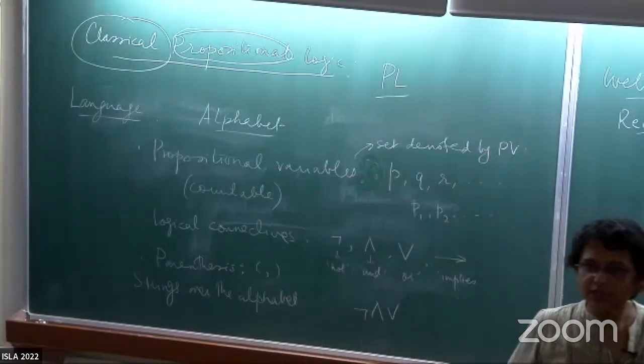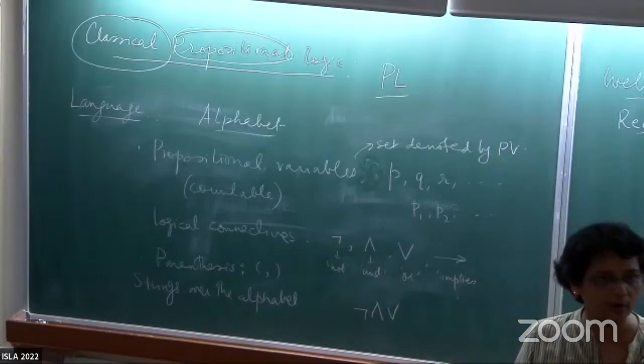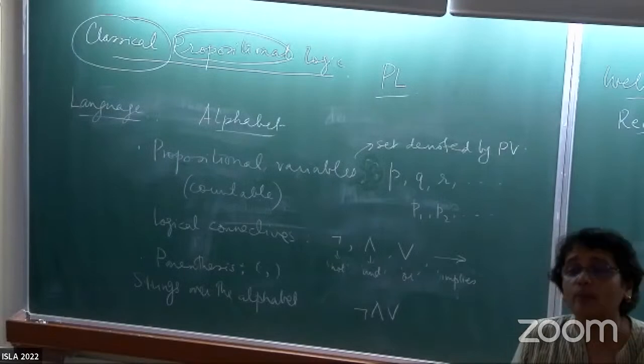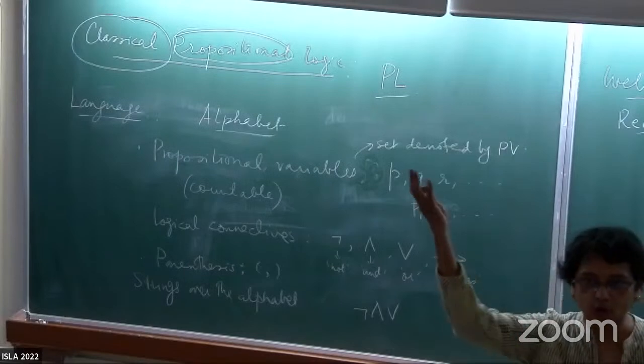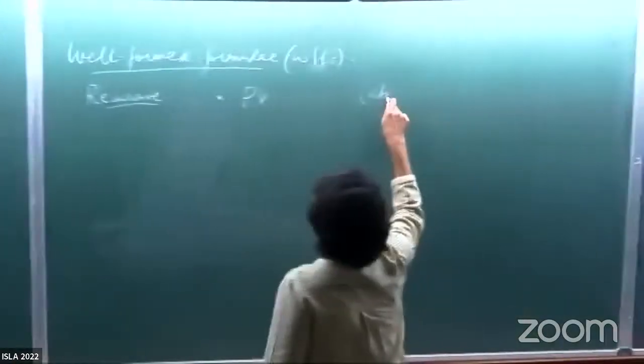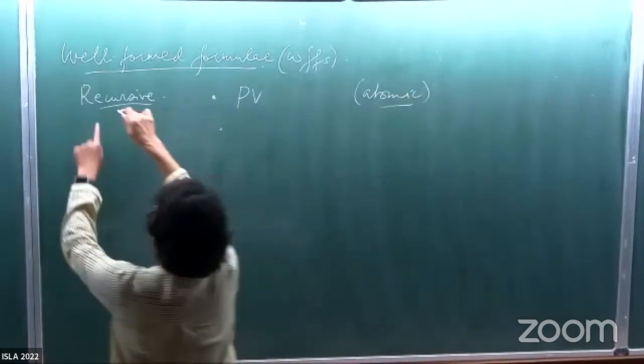So every propositional variable is going to be a well-formed formula for me. It will in fact be called an atomic formula because that's going to form the base of all my other formulae. So these are termed atomic.